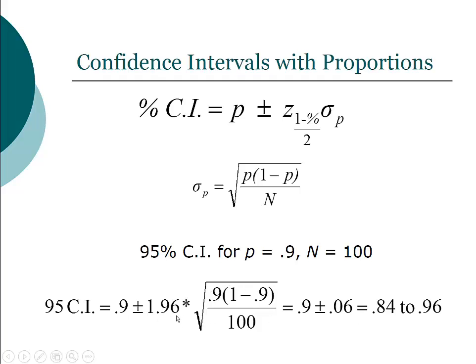So we're going to get 0.9 plus or minus 1.96 times this whole thing, and it's going to work out to be about 0.06. So 0.06 is our margin of error. We say it's 0.9 plus or minus 0.06, and when we work that out, it's going to be somewhere between 84 and 95 or 96%. So that is confidence intervals with proportions.